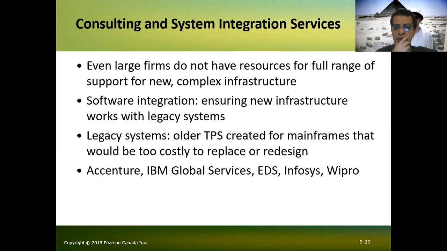And then you have the legacy systems, which are the older TPS, transaction processing systems, created by the mainframes that would be too costly to replace or redesign. These are the legacy systems, and they could be created by old servers also. It doesn't have to be a mainframe. And it's usually people like Accenture, IBM Global Services, Infosys, Wipro, and on a smaller size probably ITS, who do this kind of work.